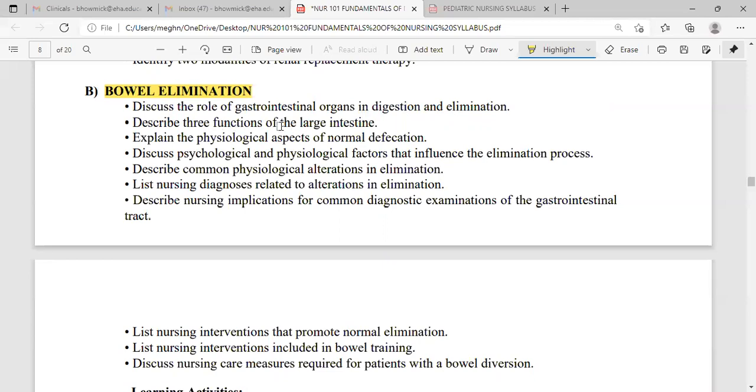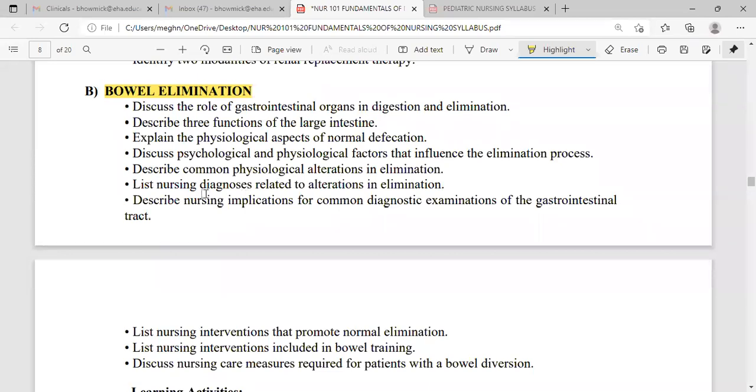Describe the three functions of the large intestine. Explain the physiological aspects of normal defecation. Discuss the psychosocial and physiological factors that influence the elimination process. Describe the common physiological alterations.